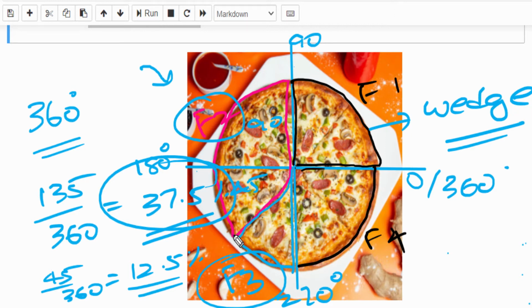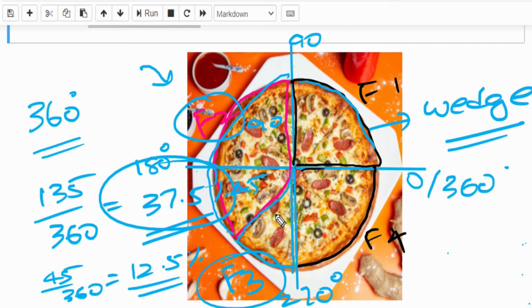Here, this is the arc. This is an arc. So the arc length of each sector is proportional to the quantity we are describing. So this is how we can compare the wedges against the whole pie. In a sense, this particular friend 2 against the entire pizza.